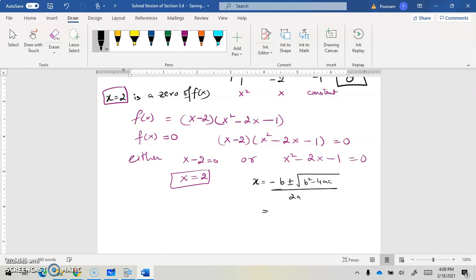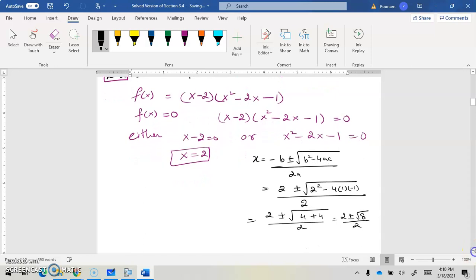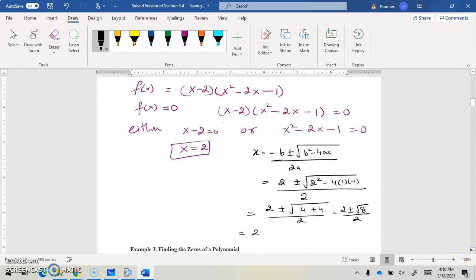In this case, b is negative 2, so it will be 2 plus minus the square root of 2 squared minus 4 times 1 times negative 1, divided by 2 times a, which is 1. So 2 plus minus the square root of 4 plus 4, divided by 2. 2 plus minus the square root of 8 divided by 2, which would look like 2 plus minus 2 root 2 by 2, 1 plus minus root 2.